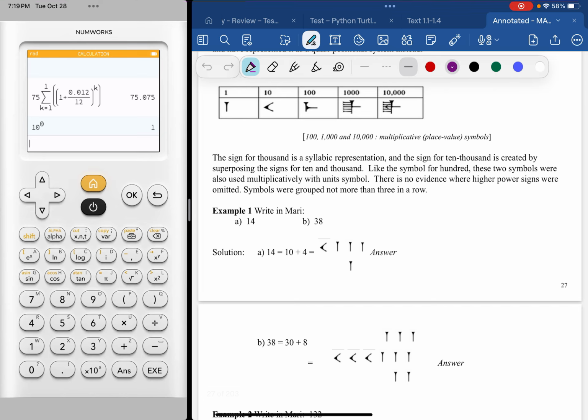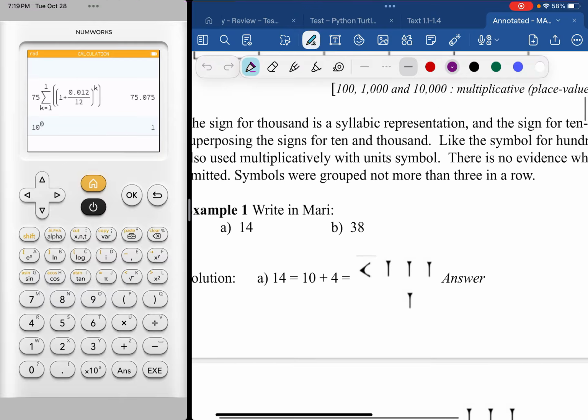14 is the sum of 10 and 4, so we use the character for 10 and the characters for ones. And you could see here that we have 3 characters at most in one grouping. All right, so right next to where it says answer, we have 3 of those single character markings, followed by below it 1 individual character.